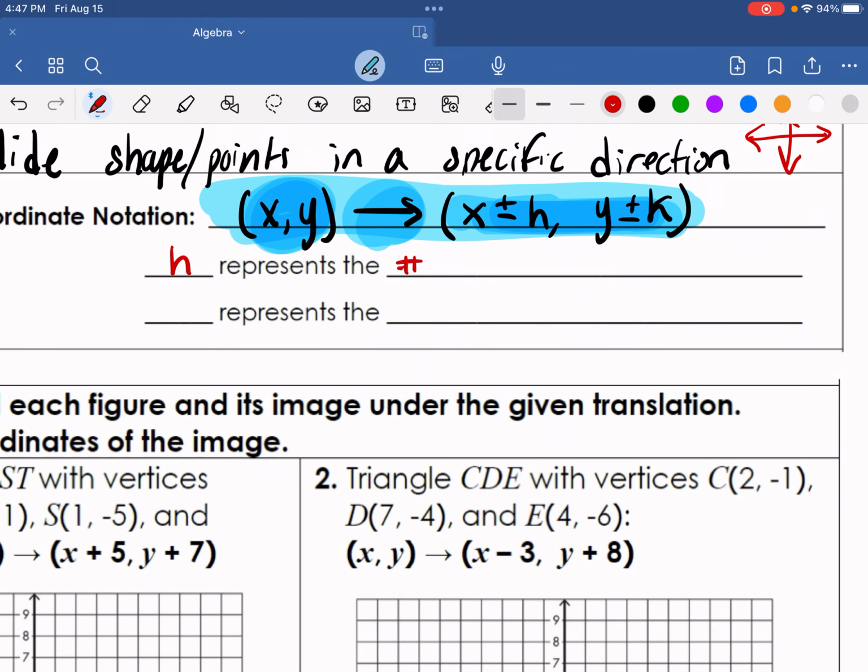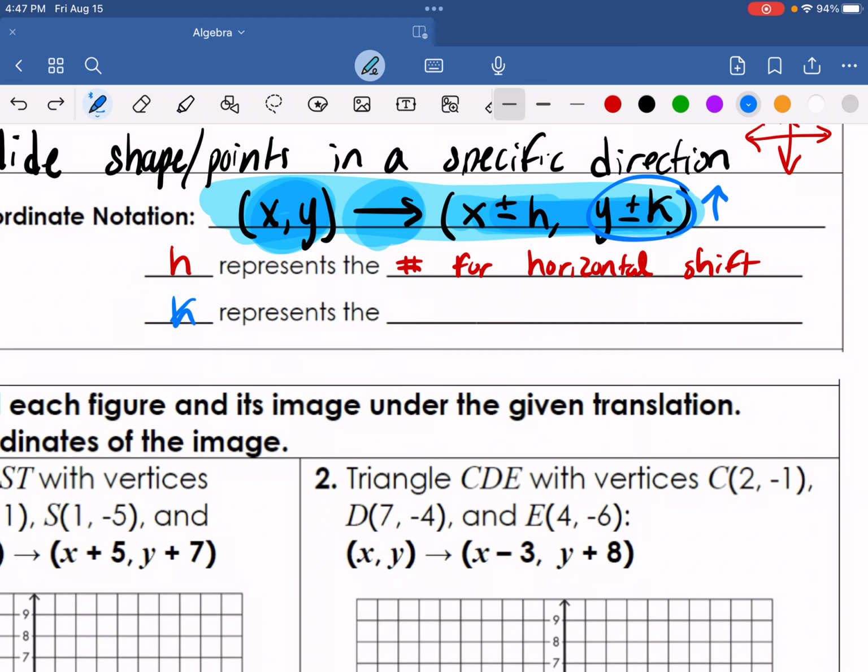Okay, h represents the number. If you notice, h is with x. x is the one that goes left and right, like the x-axis. So it is the number for the one that goes left and right, which is called horizontal. The horizontal shift. The word shift just means how it moves left and right. And then k is with y. Well, y goes up and down, right?